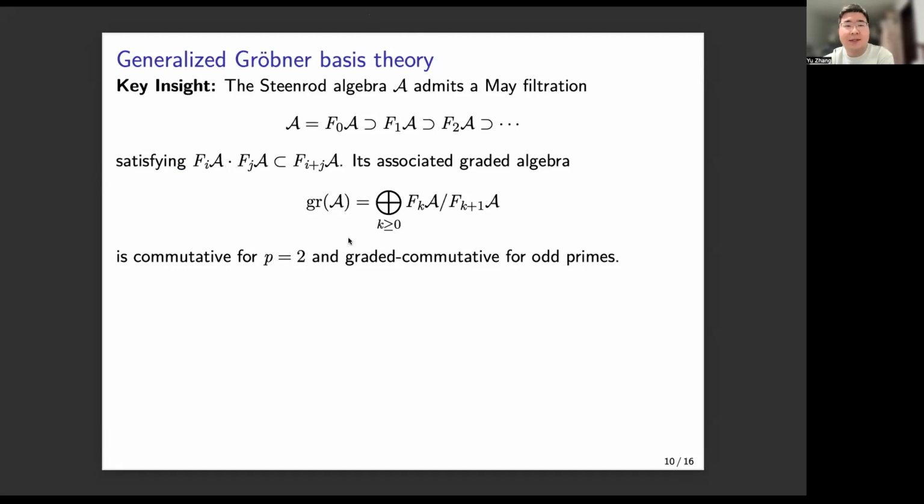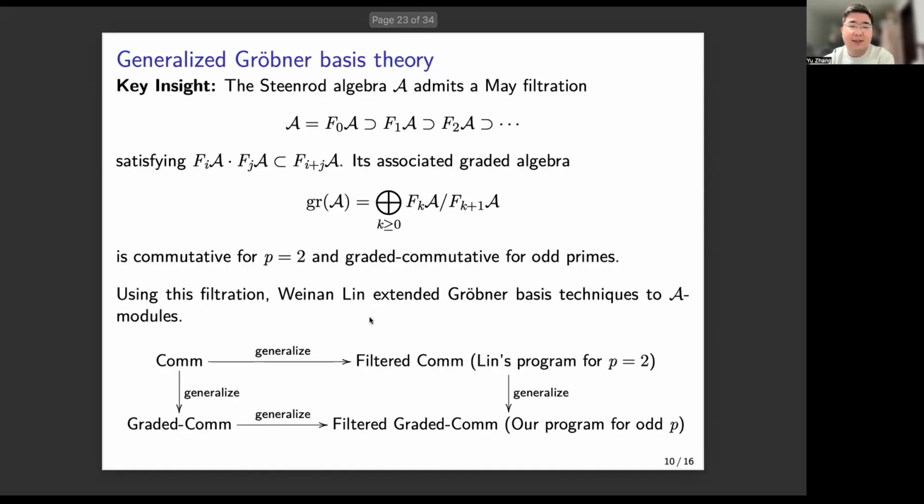The key insight is that the algebra A has a mod-p filtration, and with respect to this filtration the associated graded algebra is commutative for p equals 2, and graded commutative for all the odd primes. So in some sense, although A is not commutative, it is also not far from being commutative. Utilizing this perspective, we have extended the classical Gröbner basis theory to work with A-modules.